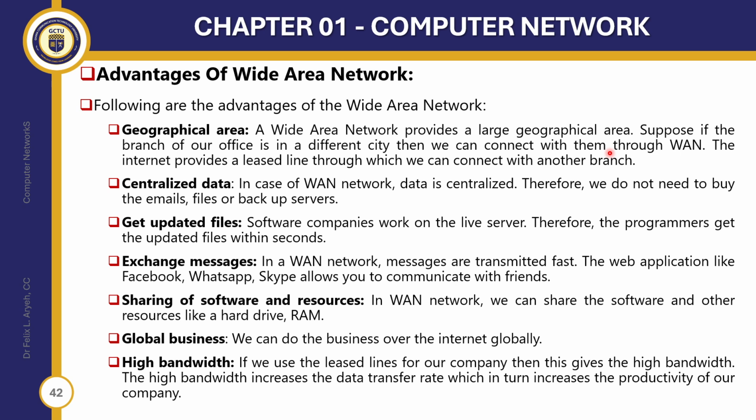We have a centralized data. In the case of one network, data is centralized. So with the example that I gave, we do not need to buy the email files and backup servers and so on and so forth. Just as when we use the MAN as an example, Ghana Commercial Bank or Fidelity or any of the banks can have their main branch, the headquarters branch, located maybe at Tesano.